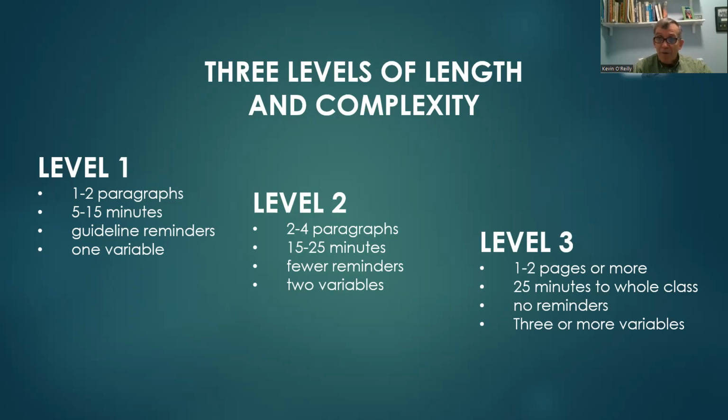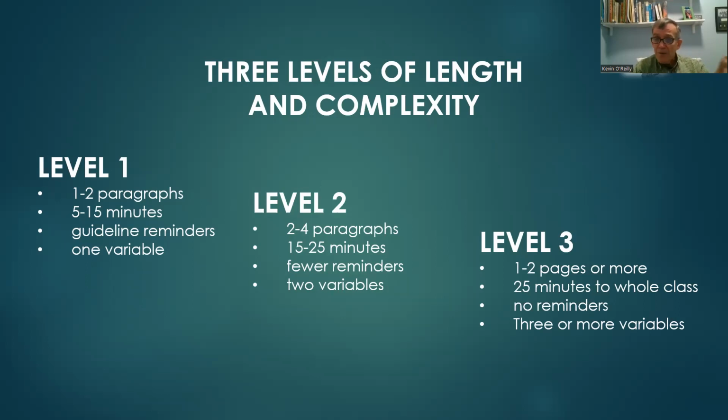There's guideline reminders and tend to be fewer variables. Variables meaning economics, political, geographic, demographic. So those kind of variables, it tend to be fewer variables in level 1. Level 2 is a little bit longer and takes a little bit longer, although you might be using it with better readers, so they might be able to read faster.